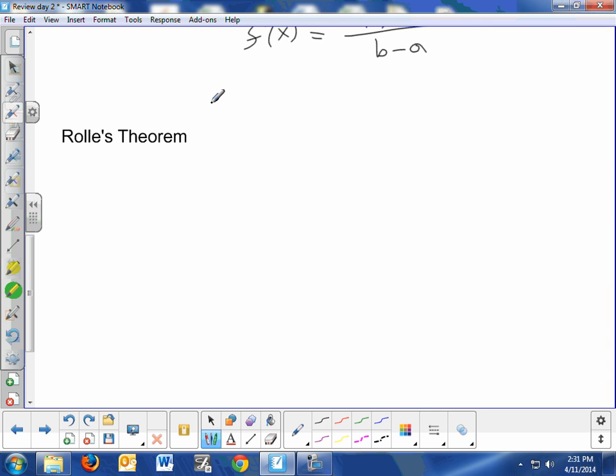Rolle's theorem is kind of a corollary to the mean value theorem, or vice versa. I'm not sure which one came first. Rolle's theorem: f of A is equal to f of B. And this theorem states that there must be what? A point whose tangent is what? 0. Yeah.